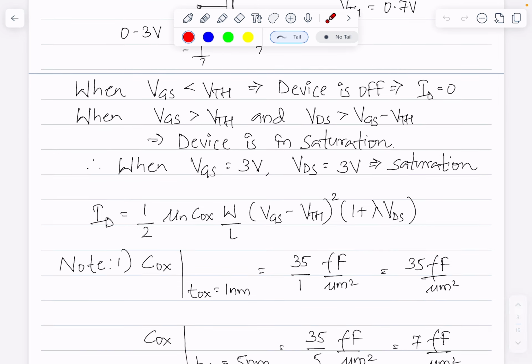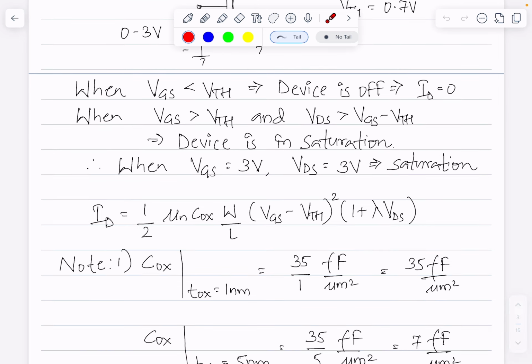Now you need to know one more thing: how do you calculate the Cox here? I have a quick trick to calculate the Cox. Cox for a Tox of 1 nanometer is 35 over 1 femtofarad per micrometer square, which is essentially 35 femtofarad per micrometer square. As the thickness increases, you just increase the denominator.